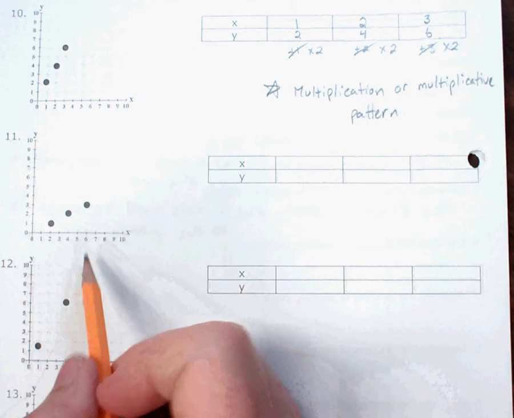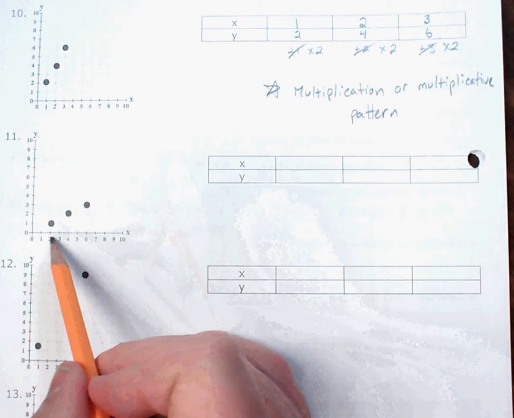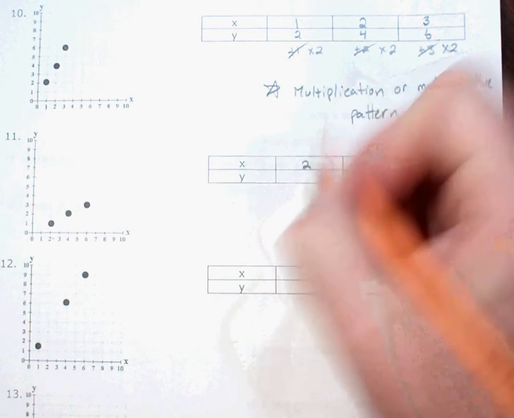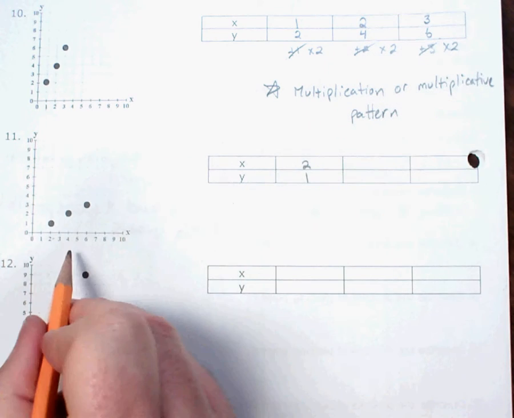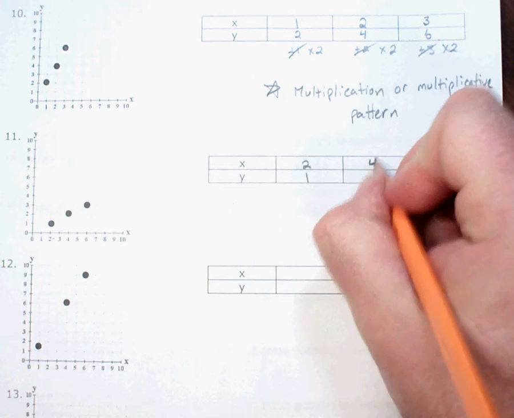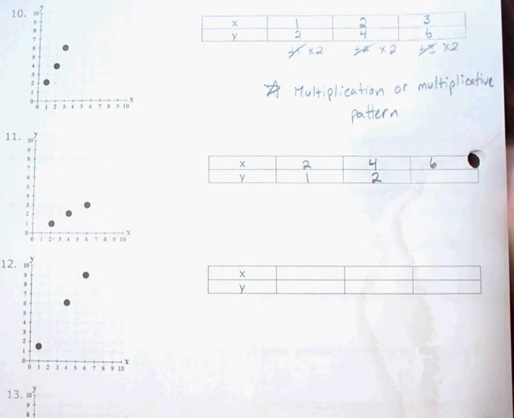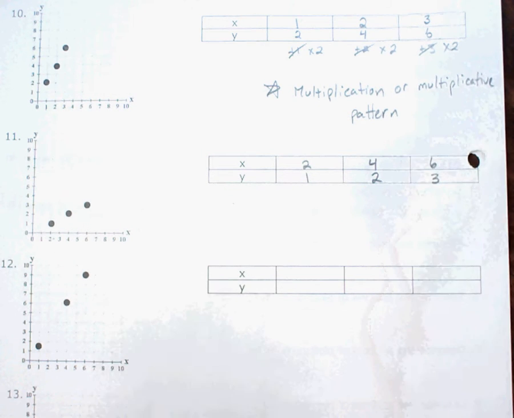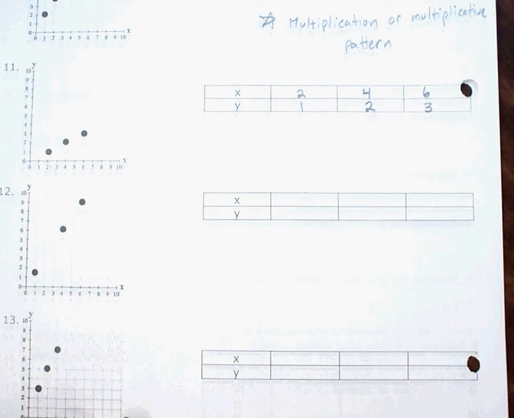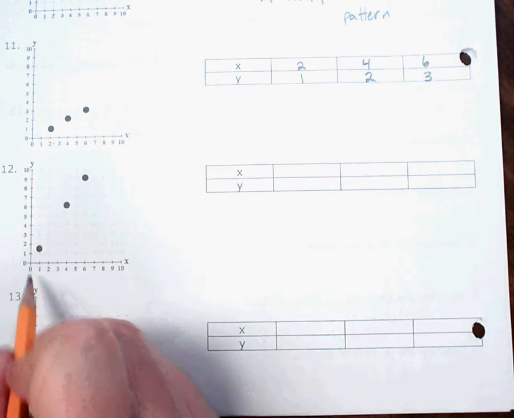All right, number 11. First point, x is 2, y is 1. Next point, x is 4, y is 2. Third point, x is 6, and y is 3. Number 12, x is 1.